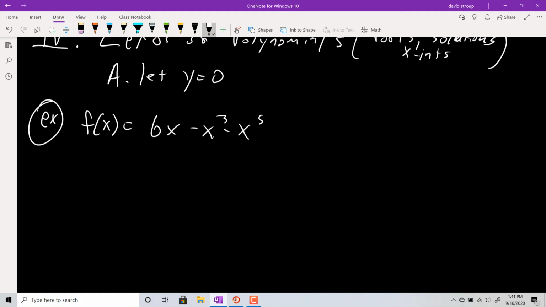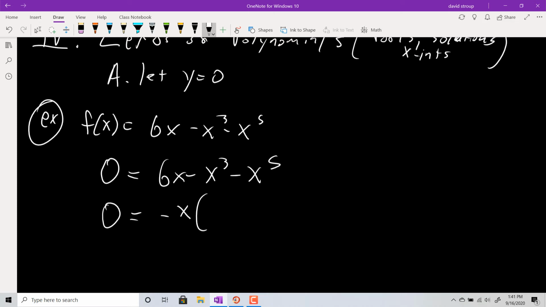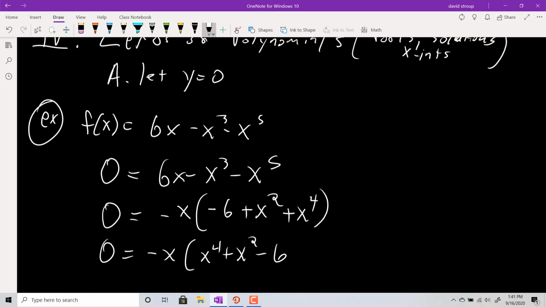Anyways, let's look at this. Letting y be 0, I can factor an x out of all three terms, negative x in particular. So negative x, and then we'll have negative 6 plus x squared plus x to the 4th, and I'm going to rewrite that as x to the 4th plus x squared minus 6.